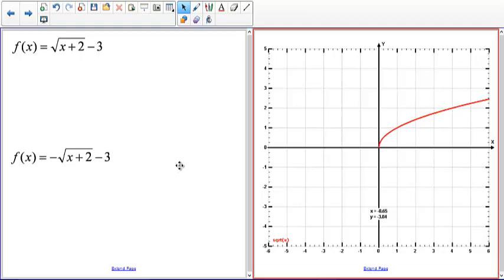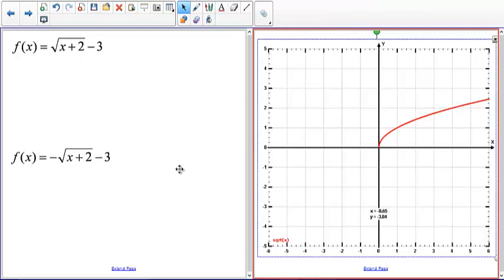So let's continue on. These are some examples using the square root function.